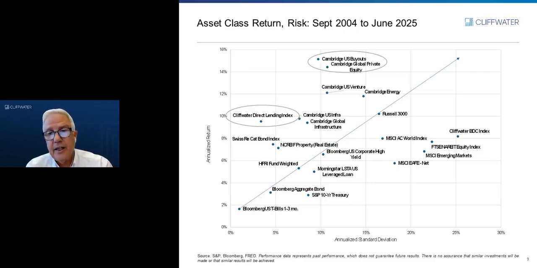And in the case of the Cambridge buyout index against the Russell, that's over a 4% delta. So again, our thesis is that these private asset classes, debt and equity, will substantially over time outperform their equivalent publics.